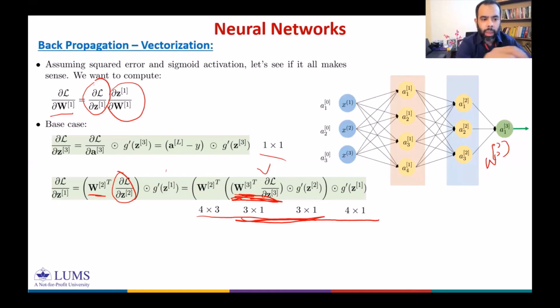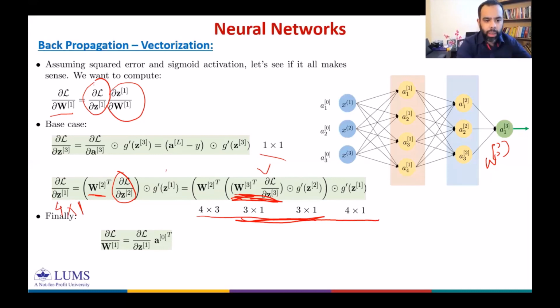And finally, we know that when you take derivative, what you get is 4 cross 1, multiply element wise, you get 4 cross 1, right? So you get partial derivative of loss with respect to Z1, but this would be 4 cross 1.